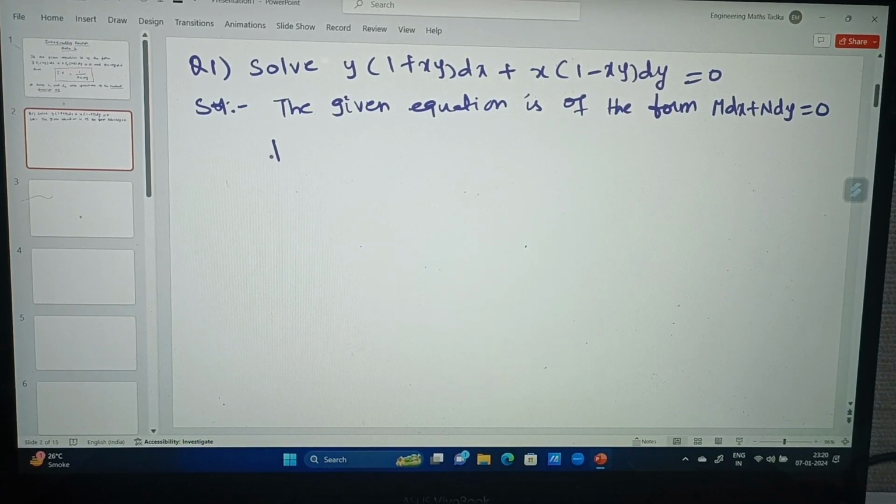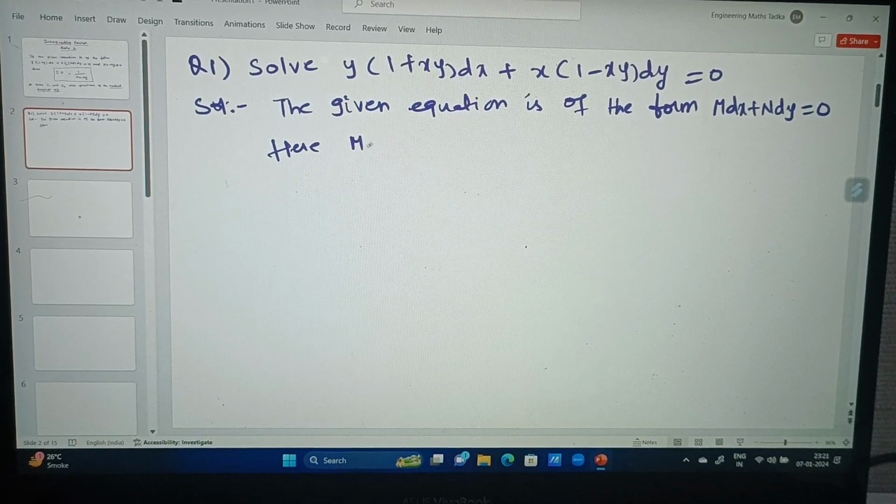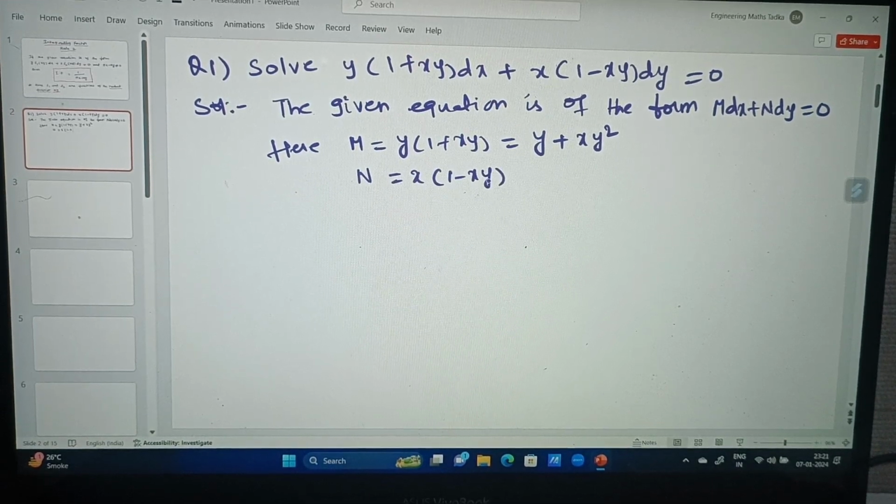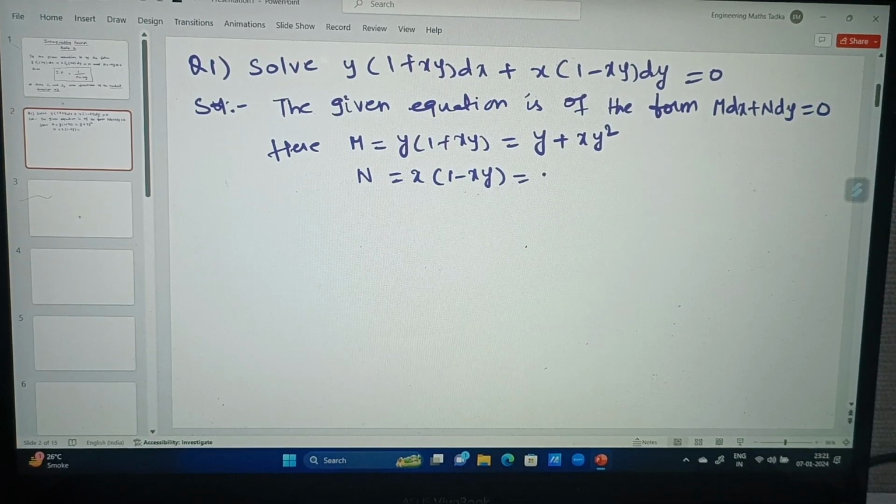So what are the functions M and N here? M is given as y into 1 plus xy, which can further be written as y plus x into y square. इसी तरह function N क्या दिया है? N is equal to x into 1 minus xy, which is nothing but x minus x square y.